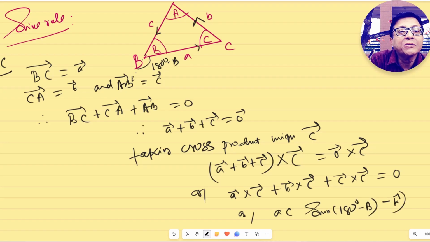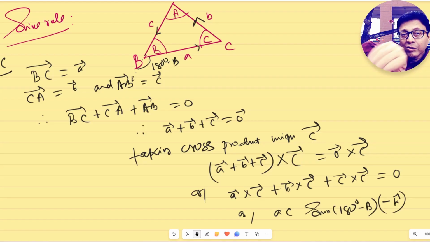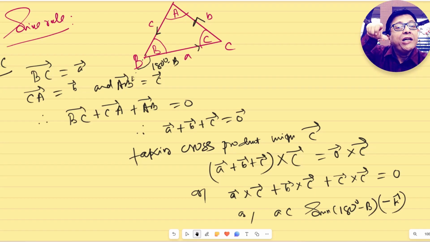This is the direction of C vector. This is A vector. So A cross C is into the plane of paper. If you take the vector perpendicular to the plane as K, that is going to be minus K. Isn't it?